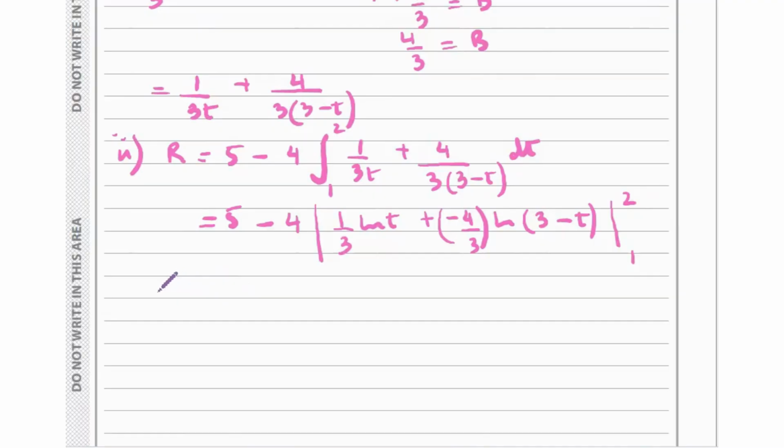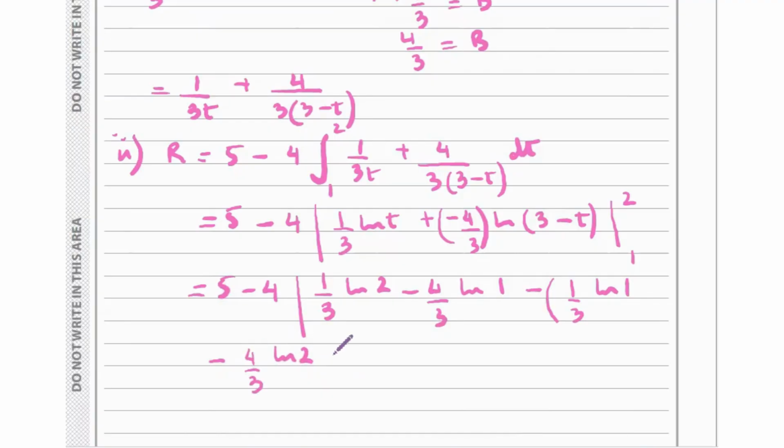So now we're just going to put the limits. 1 over 3 ln 2 minus 4 over 3 ln 1, then minus 1 over 3 ln 1 minus 4 over 3 ln 2.